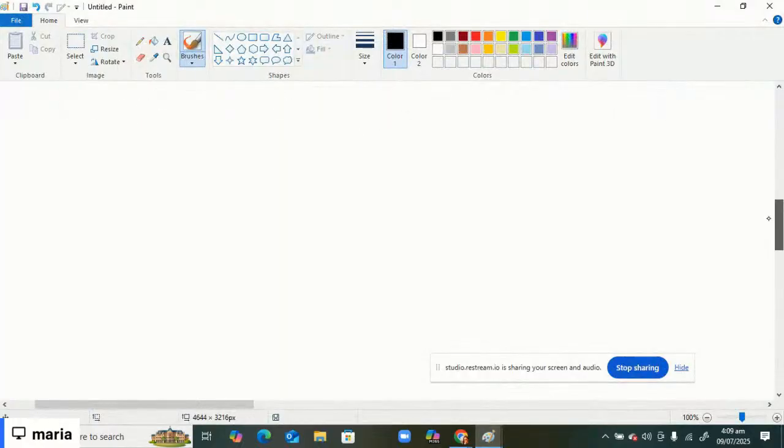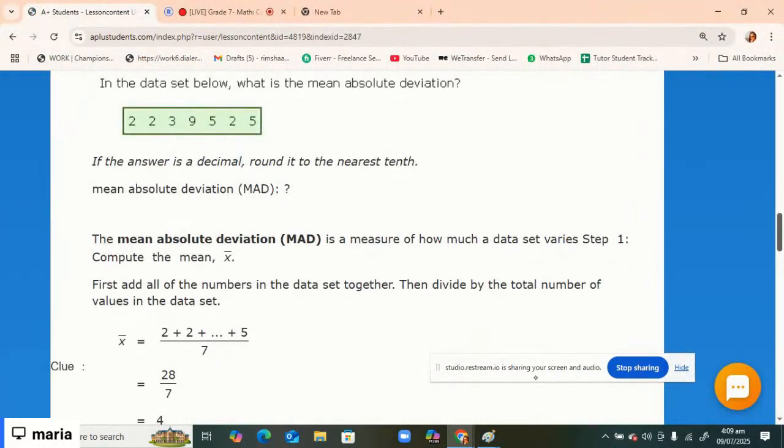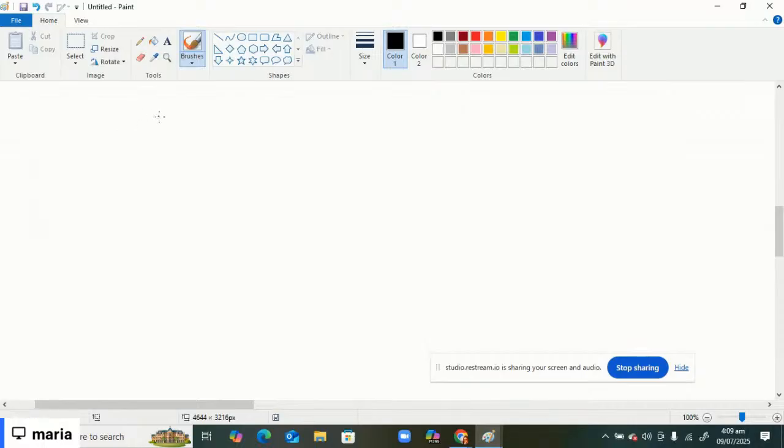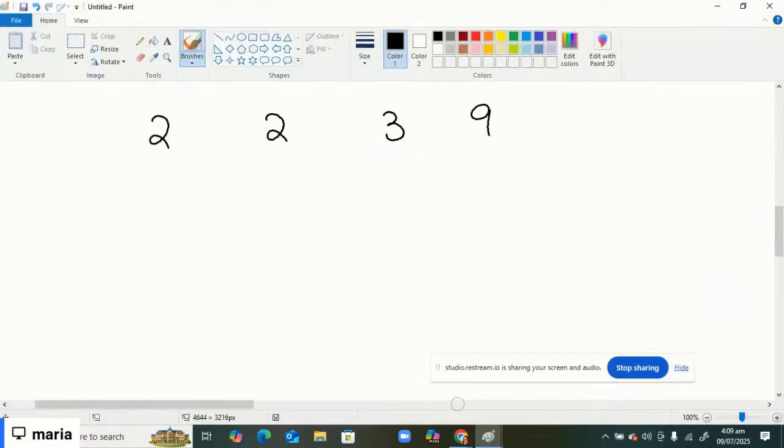Let's suppose, for example, I'm going to write it here. Let's take the data 2, 2, 3, 9, 5, 2, 5. This is the data. Now first of all we are going to find the mean.